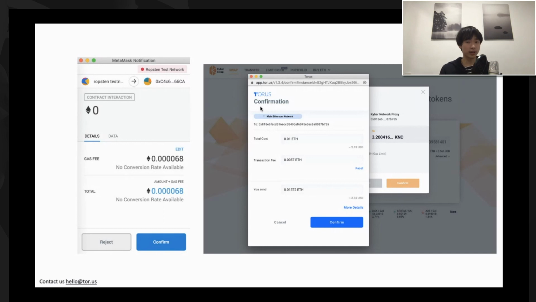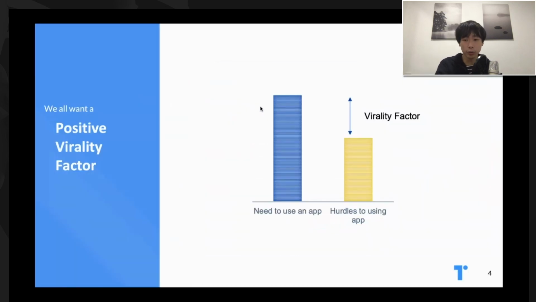MetaMask is awesome, and these web wallets are awesome, but their permission structures are also, for the most part, rather restrictive. Every transaction requires a full confirmation, which is needed for sure for high-value interactions, but not everything needs to be handled in exactly the same way. The UX in general is not best for a new user.